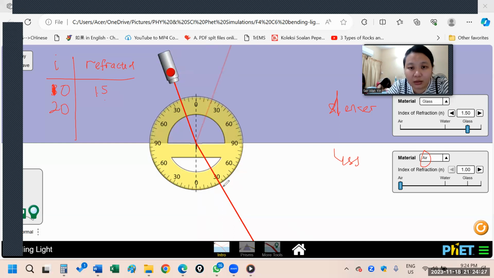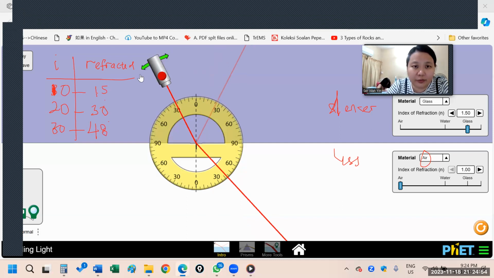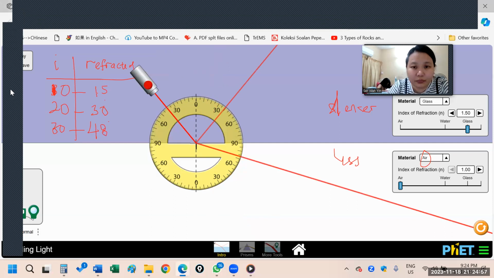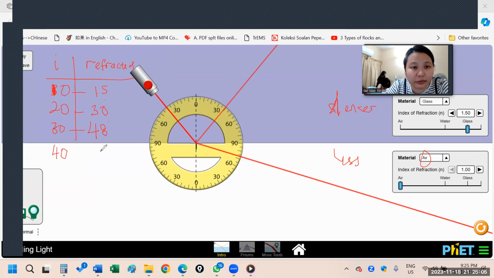The refracted angle would be 30. When it's 30, the refracted angle would be 48. Can you see the refraction becoming more and more? When it's 40, it's already around 74.